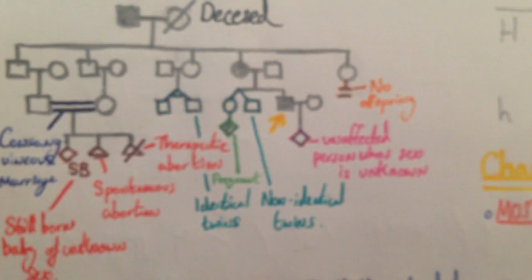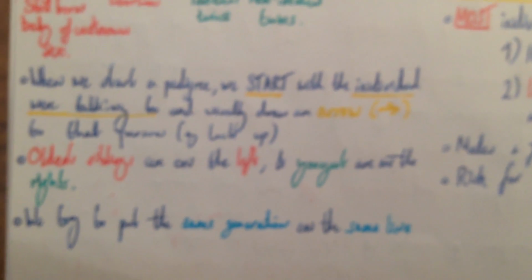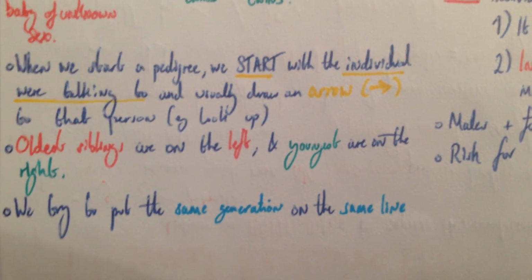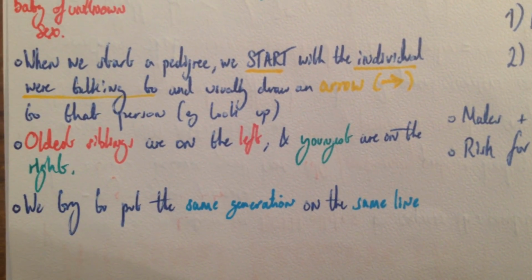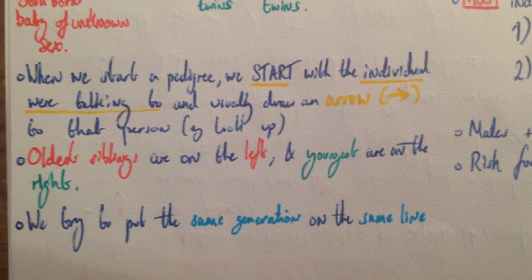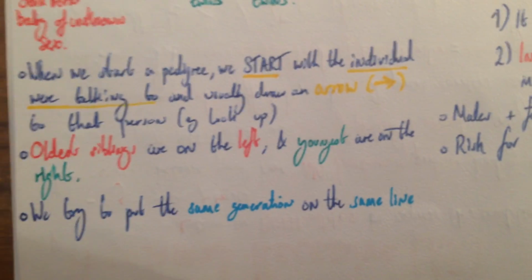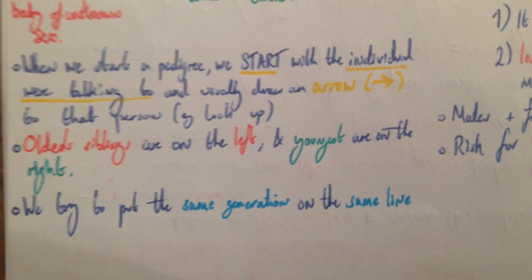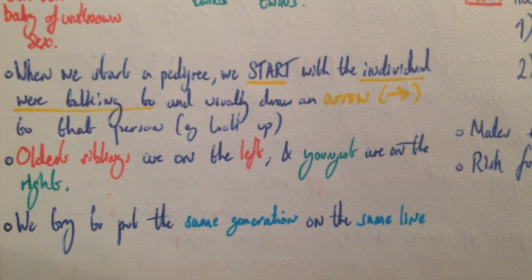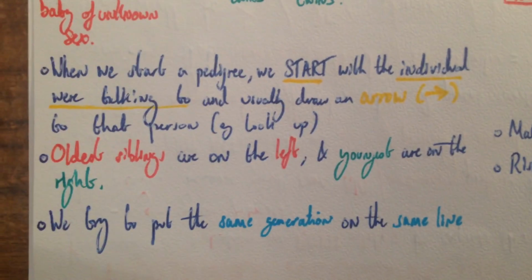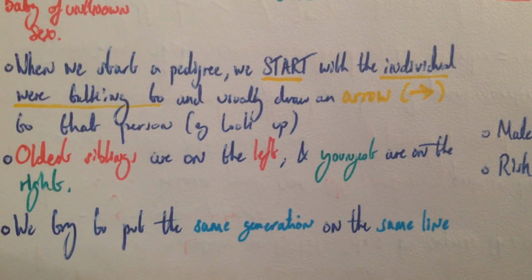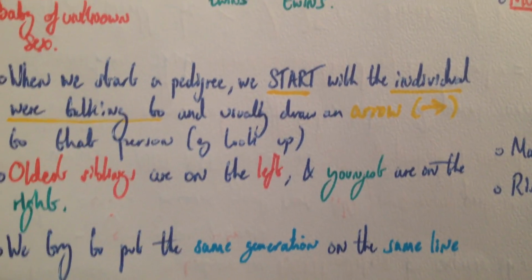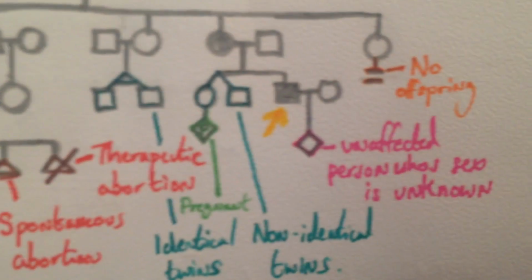Cool. Let's carry on. When we start a pedigree, we start with the individual we're talking to, and usually draw an arrow to them. So, for example, if a patient was to come into the hospital, and you were to investigate that person and that person's family, you would draw him, and you draw an arrow towards him. So there's the arrow.